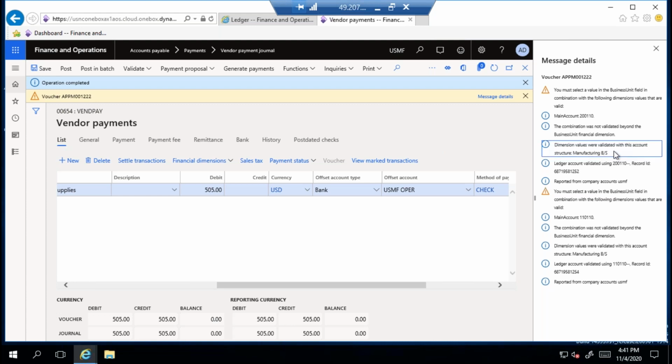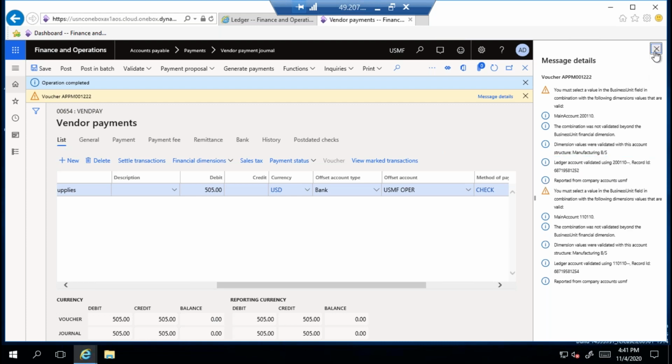So manufacturing BS has not validated properly. What it means is that in the manufacturing BS, you have made something mandatory that you are not mapping. That may be business unit, department, or anything. So initially this is not validating, and it is failing in this area. Here it was mentioned clearly, you must select business unit. And in the same manner for these accounts also.